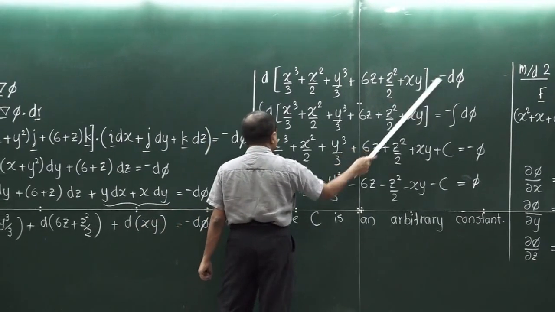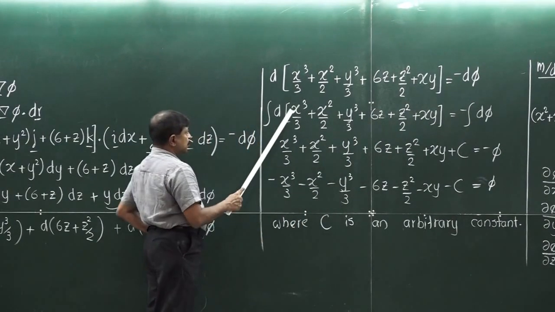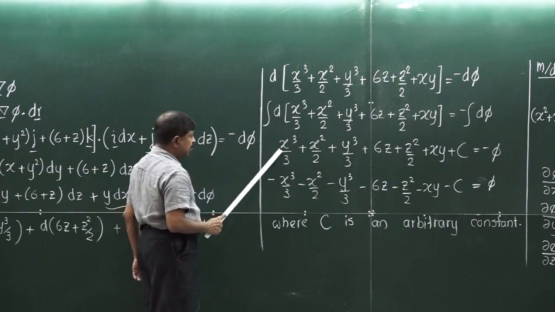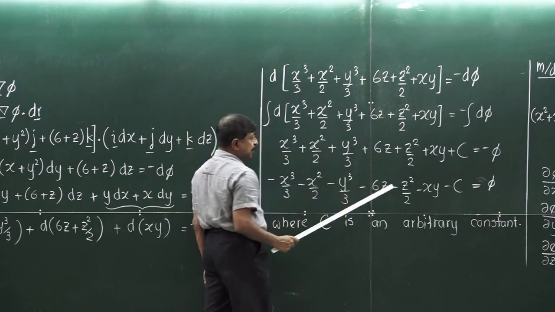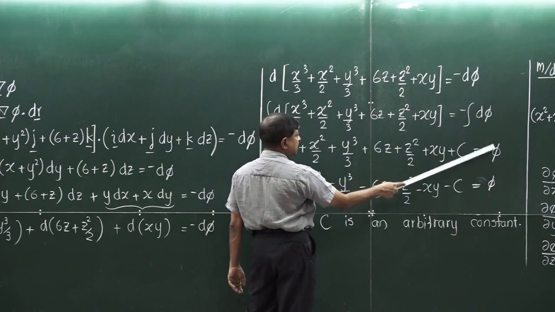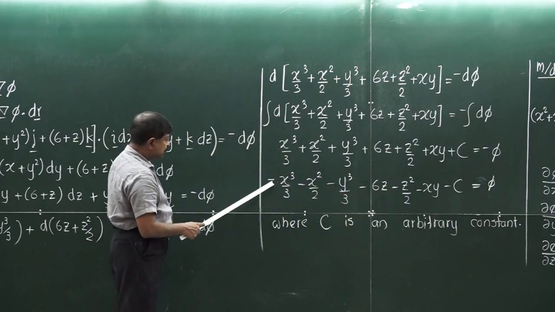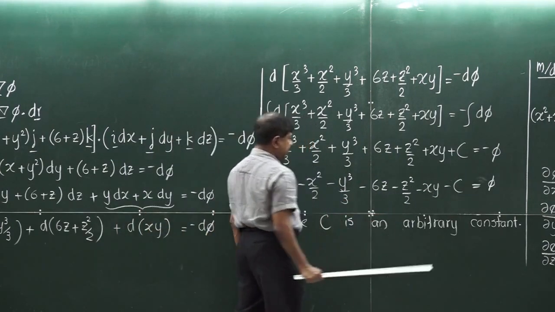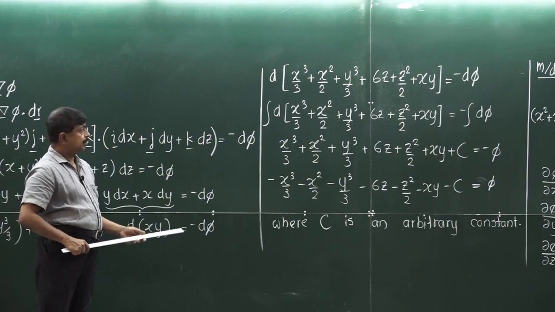Right hand side you have minus d phi. Now, integrate both sides. So, these two will go away, leaving this one in the left hand side. Here you have to introduce an arbitrary constant. Right hand side you get minus phi. Now, multiply both sides by minus 1, and you will end up with this, where c is an arbitrary constant.